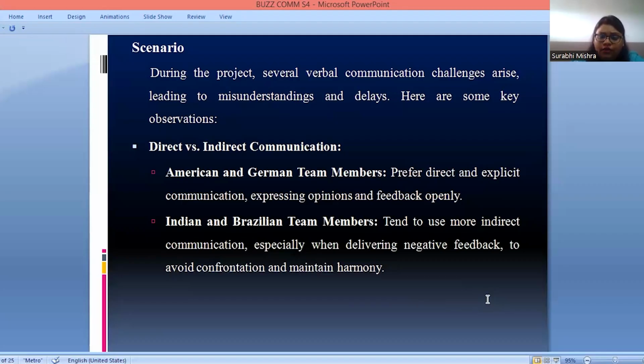I think they were thinking that others should not feel low, and should not take it in a destructive way. So they were hesitating to share negative feedback, and in that scenario, they tried to say it in a more indirect way as compared to saying it openly, so that the group harmony is maintained.